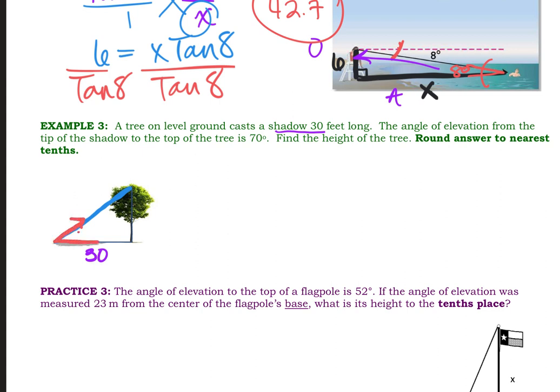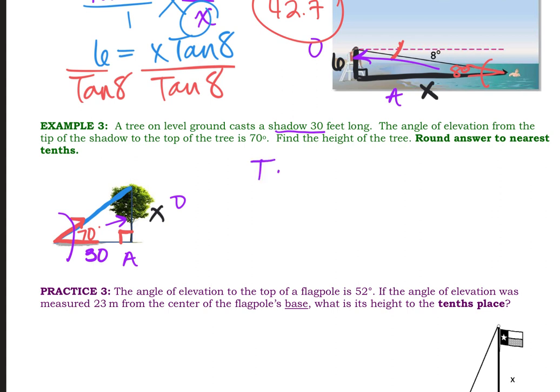So this is going to be 70 degrees. The question is, how tall is the tree? Should the X go on the hypotenuse or on the other leg? The other leg, good. From there, once you have that, then hopefully it's just repetitive of the last 2 days. You mark your angle, we have the opposite, and we have the adjacent, good.